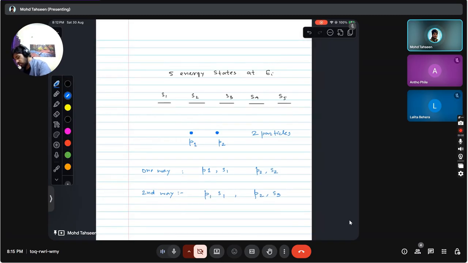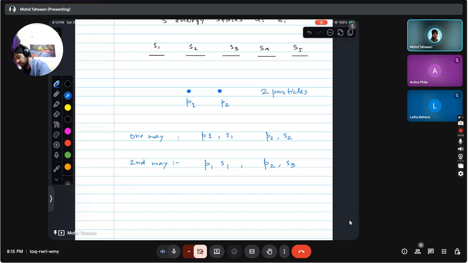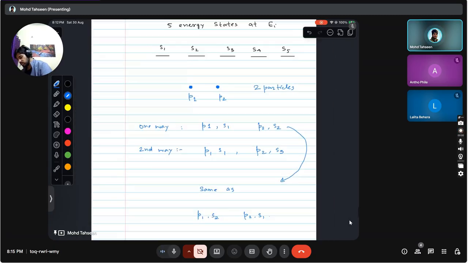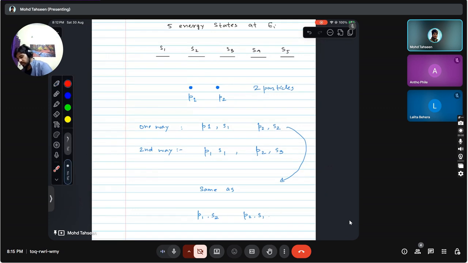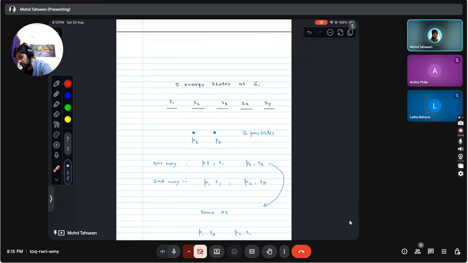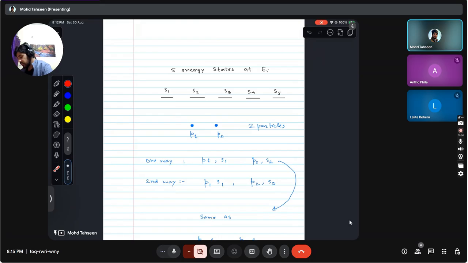But what is important is that P1 S1 P2 S2 is the same as P1 S2 P2 S1. This combination is unique. So the point that I'm trying to make is, what we are doing here is filling these energy states by taking the particles.